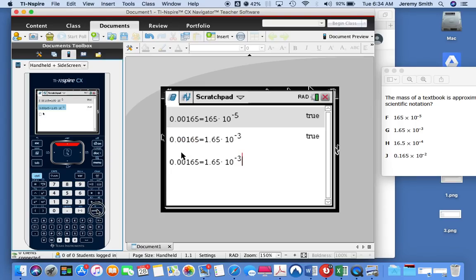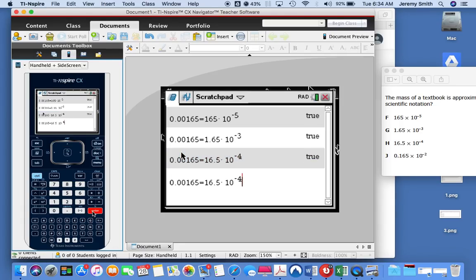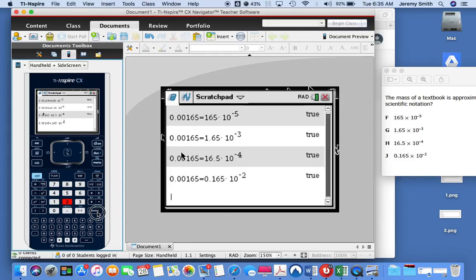All right, let's try out this next one, which is C. Oh, that says true as well. Let's look at this one now. All right, so we're stuck with a dilemma.